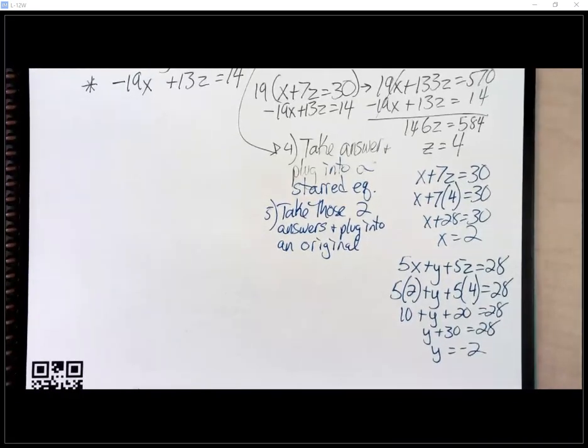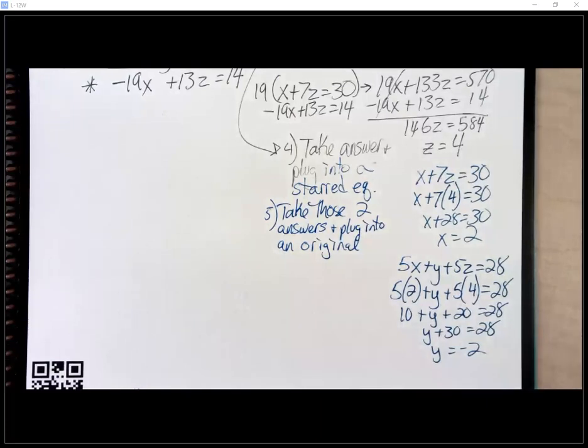Did you guys get what I got for Y? Okay. So to finish, just like when we're doing a normal system and we write our answer as an ordered pair, we're going to write this one as an ordered triple. So you got to make sure you have the X first, then Y, then Z. Okay, so that's our last step.